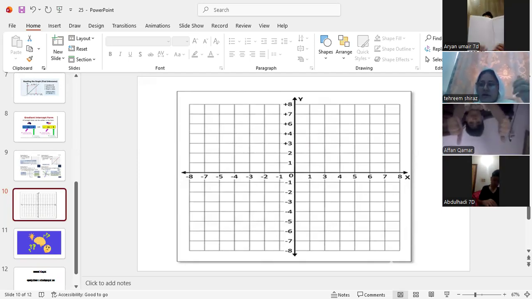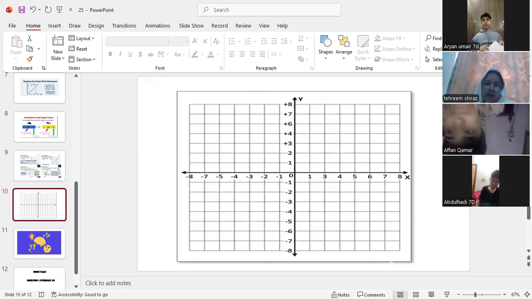Now tell me, what is the meaning of scale on a graph paper?